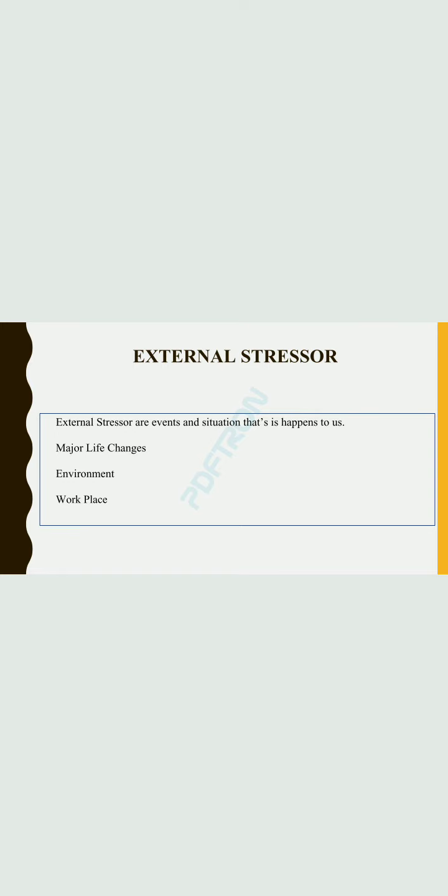For example, major life changes, any changes that come in your life in which we are unable to adjust, we are unable to adjust with a different kind of environment that is sometimes stressful for us, and different workplaces, different expectations that may lead towards stress.